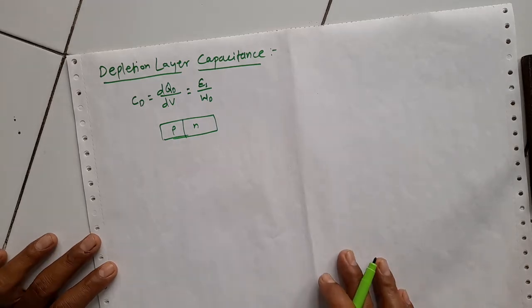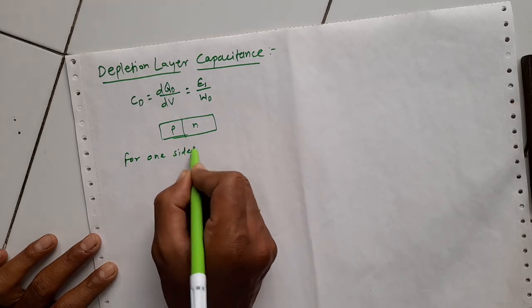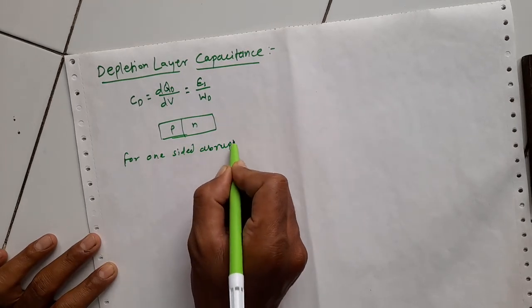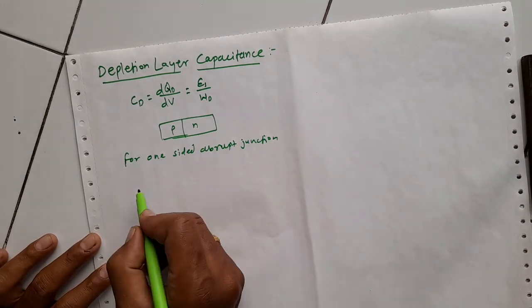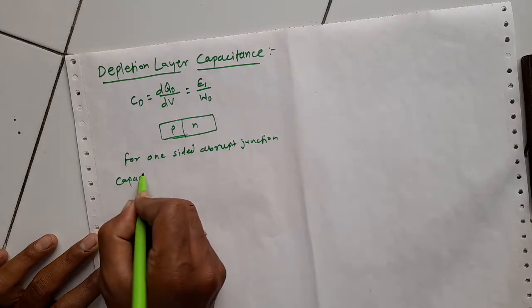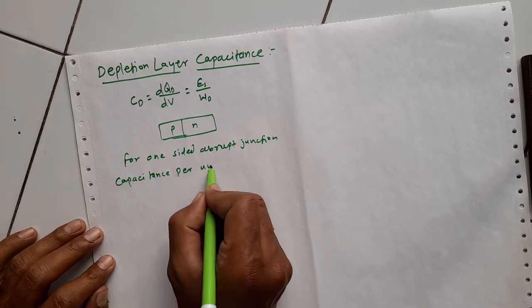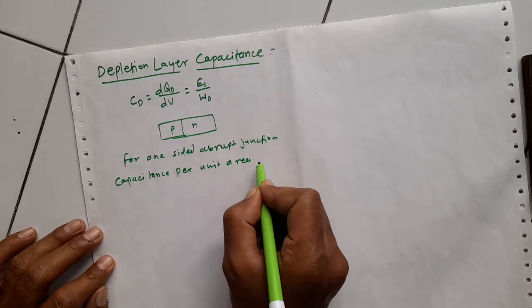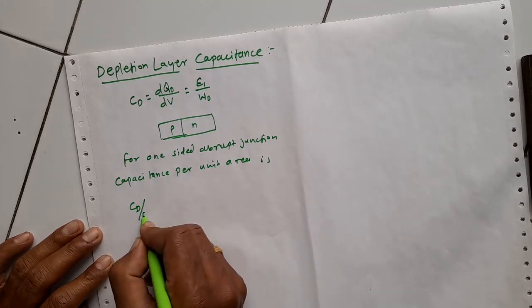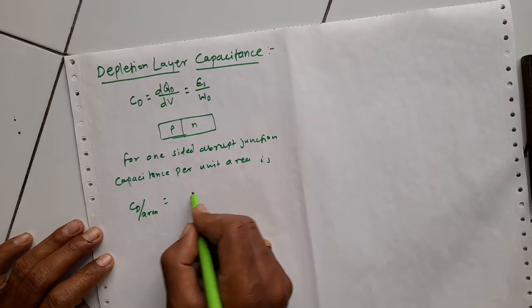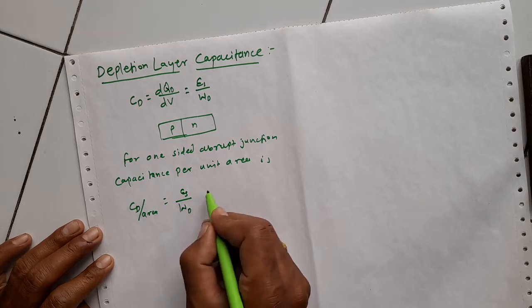So for the one sided abrupt junction, the capacitance per unit area is actually given by C_d per unit area equal to epsilon_s upon W_d.